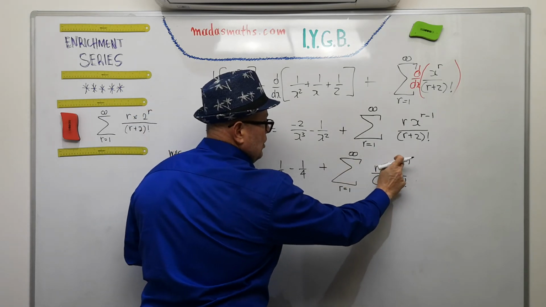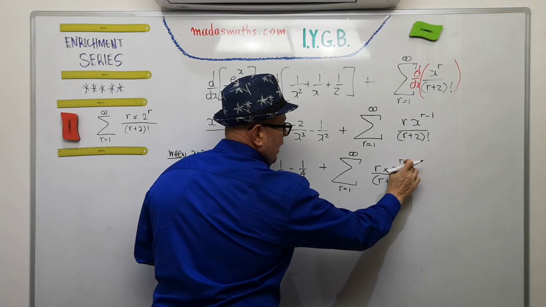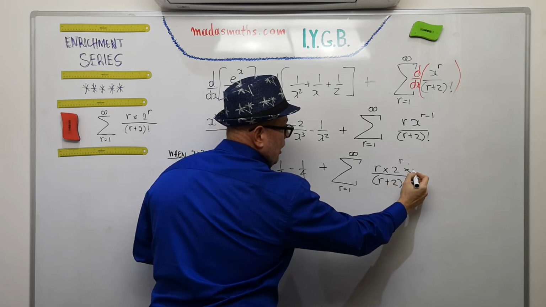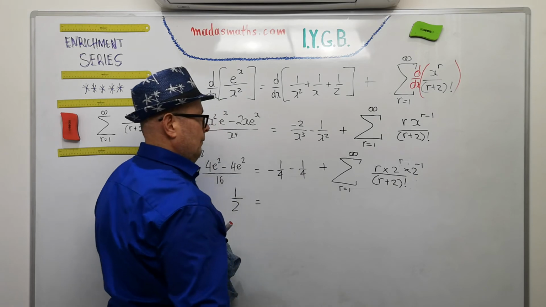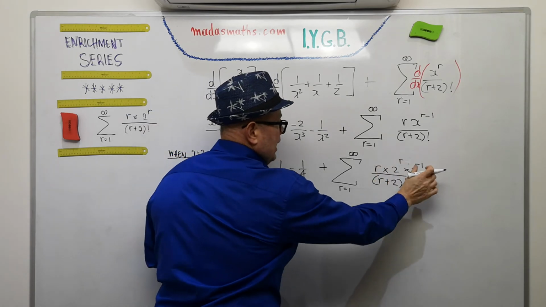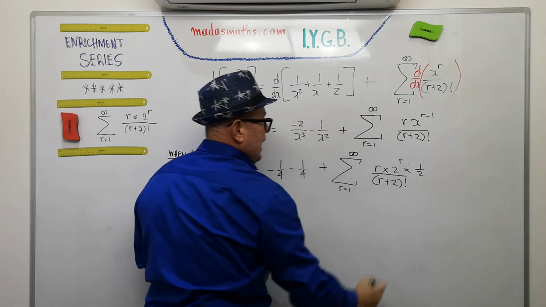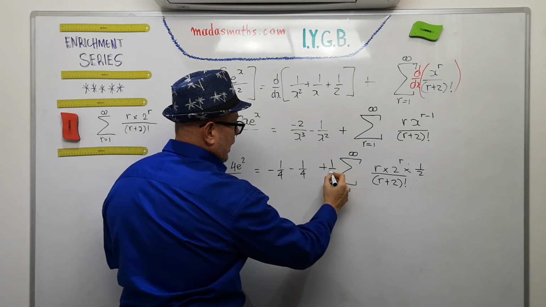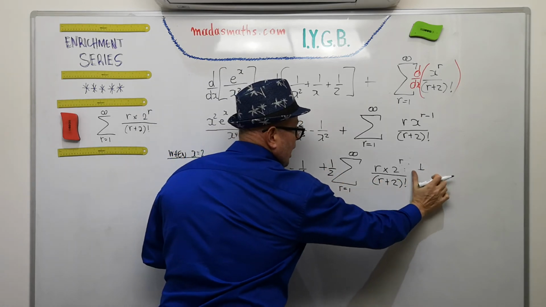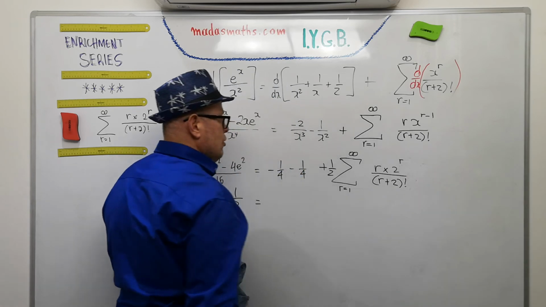You see this 2 to the r minus 1. I can write it as 2 to the r times 2 to the minus 1. And of course, 2 to the minus 1 is a half. And this half, I can move to the front as a multiplicative quantity outside the operator.